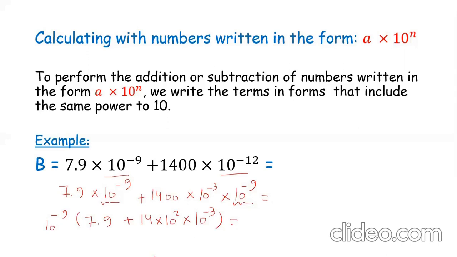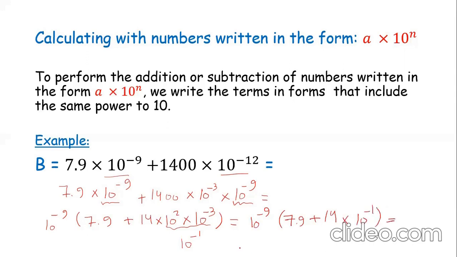And in this case, this will give me 10 to the power of minus 9 multiplied by, this is, of course, 10 to the power of 2 plus minus 3, which is minus 1. So multiplied by 7.9 plus 14 multiplied by 10 to the power of minus 1.